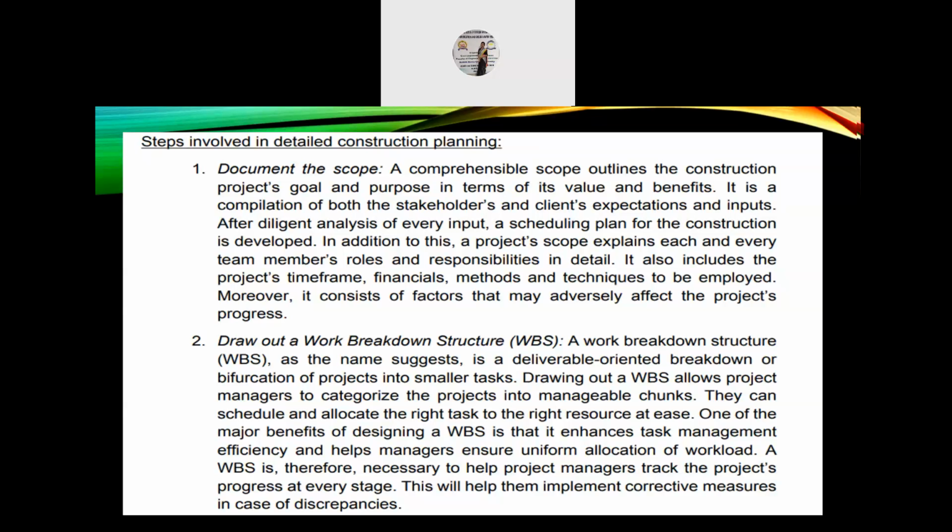One of the major benefits of designing a WBS is that it enhances task management efficiency and helps managers ensure uniform allocation of workload. A WBS is therefore necessary to help project managers track the project's progress at every stage. This will help them implement corrective measures in case of any discrepancies.